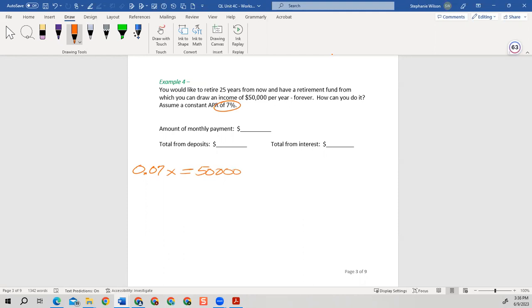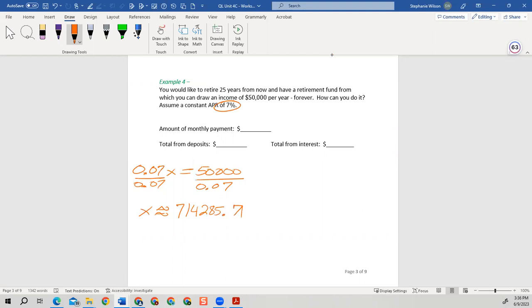So I'm going to divide this by 0.07 because I need a coefficient of positive 1 on my X. So now I have 50,000 divided by 0.07, and that gives me, let me put an approximation, somewhere around 714,285.71.